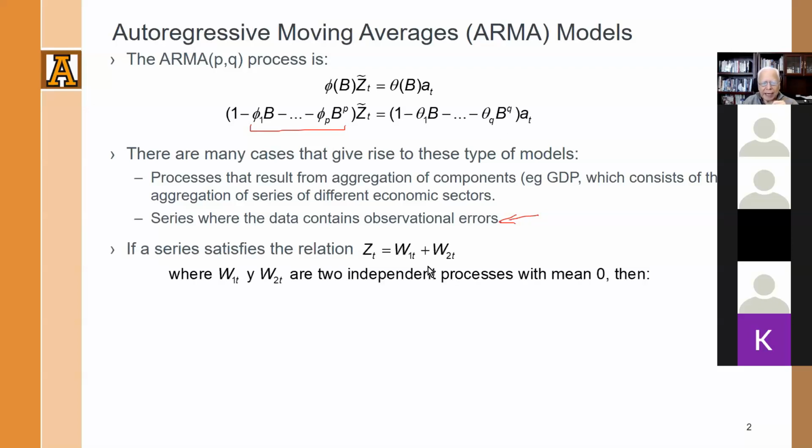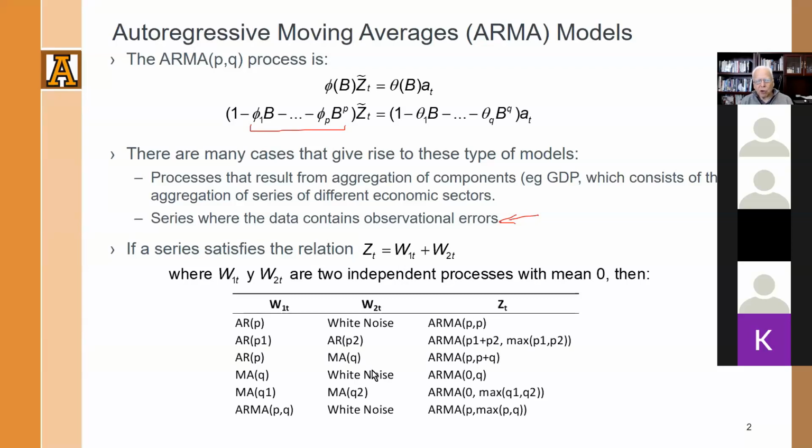Now, if a series satisfies this relationship, that is, when the series is the sum of two series, W1_t and W2_t, where W1_t and W2_t are two independent processes with mean zero, then the behavior of this series is going to depend on the behavior of W1_t and W2_t.